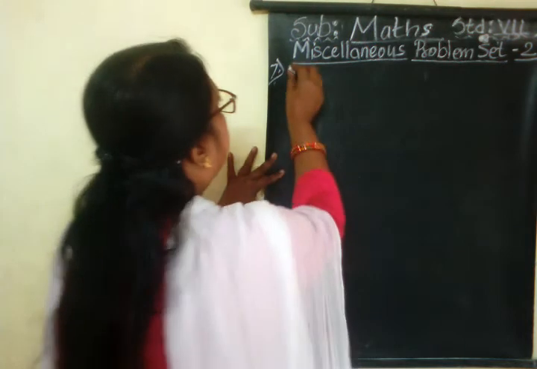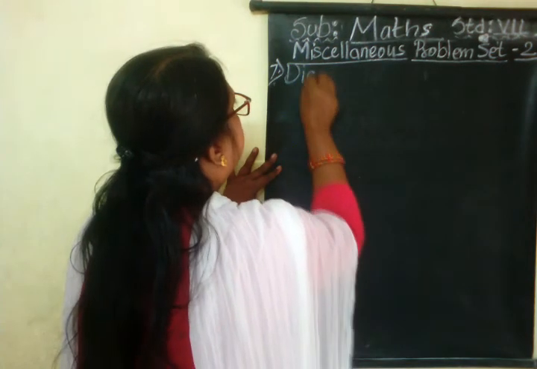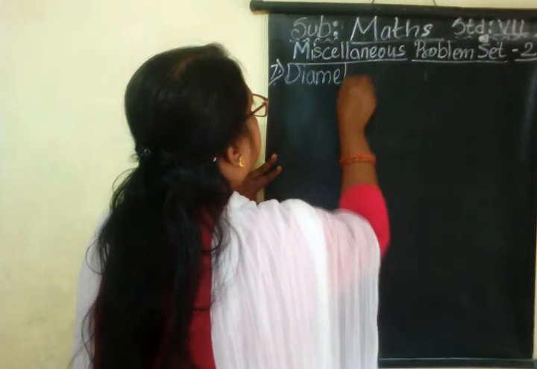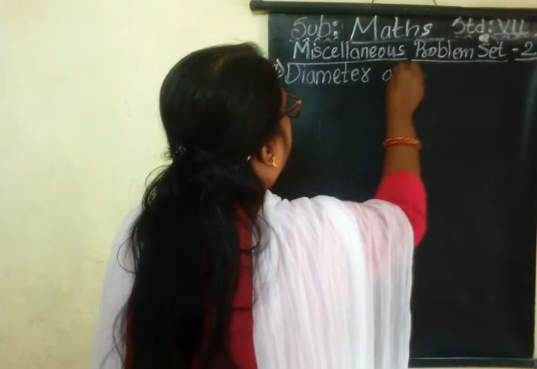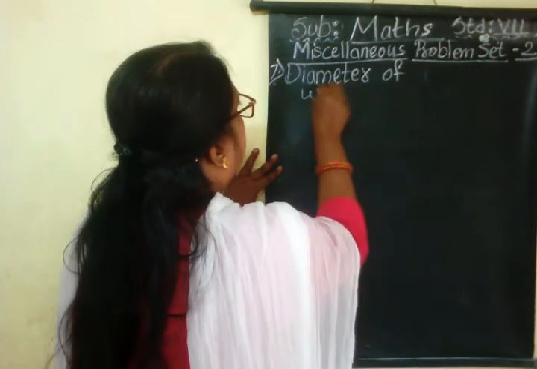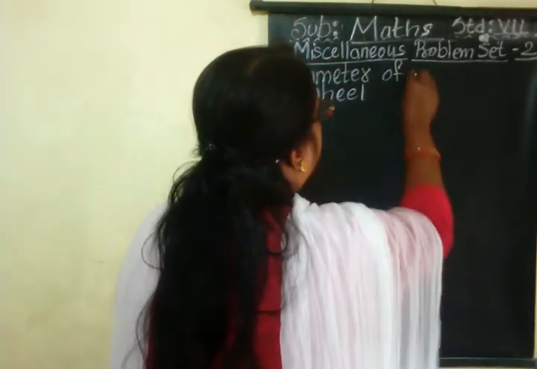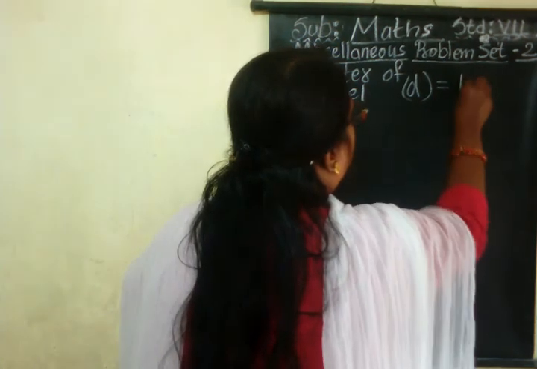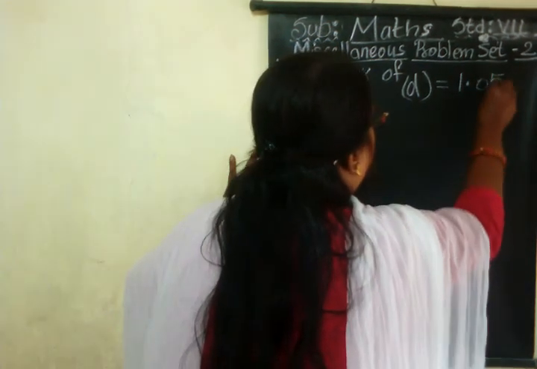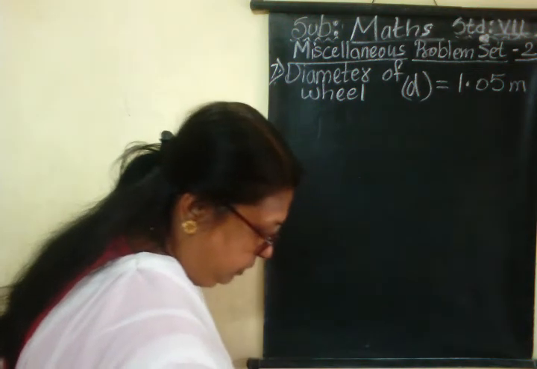I'll write. Diameter of wheel, D is equal to 1.05 meter. Correct, children?